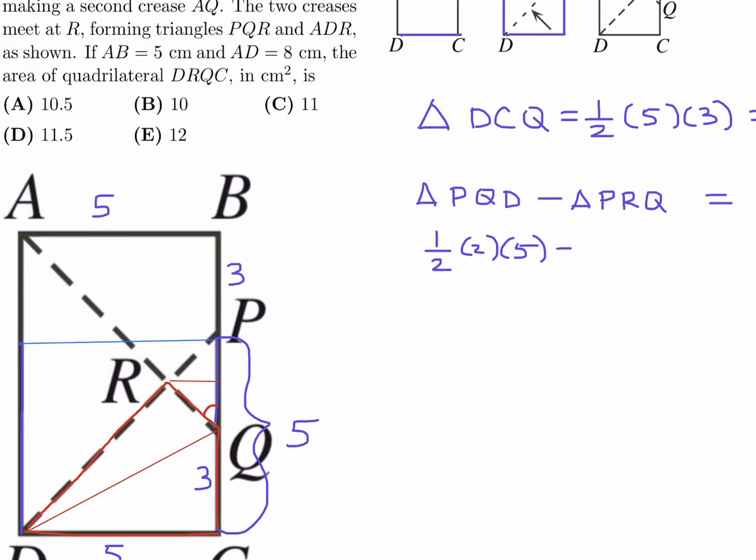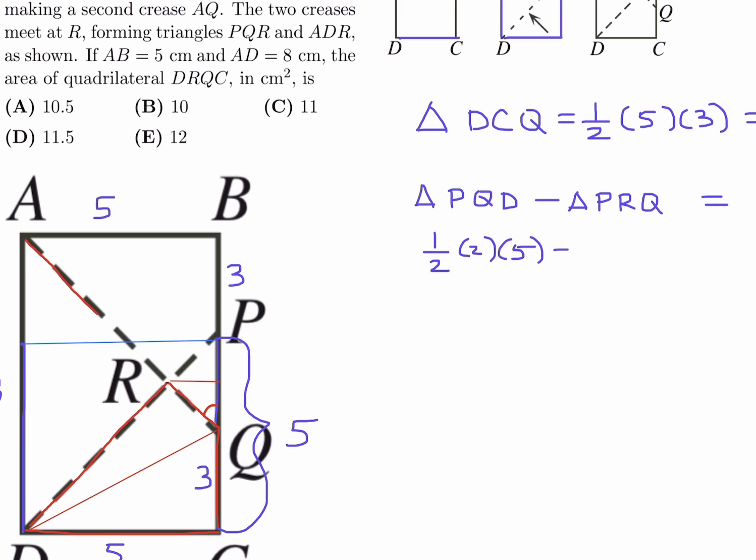Well, remember, this essentially, when it was folded, formed a square. So that crease is the diagonal of a square. So if you were to look at that angle, it is 45 degrees. And because it's 45 degrees and this is a right angle, this is also 45 degrees.